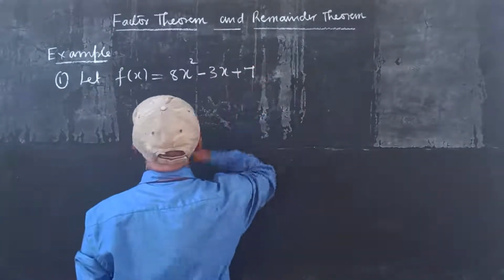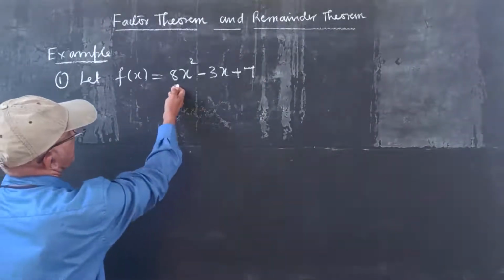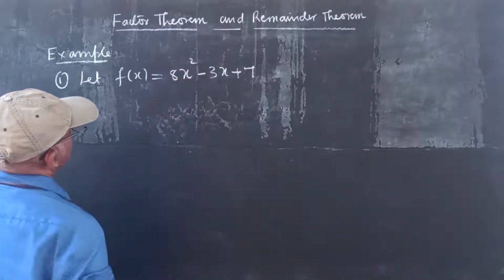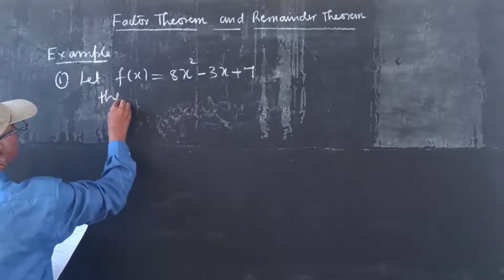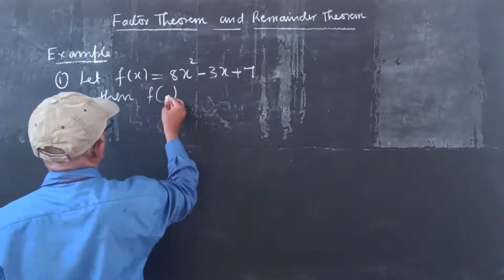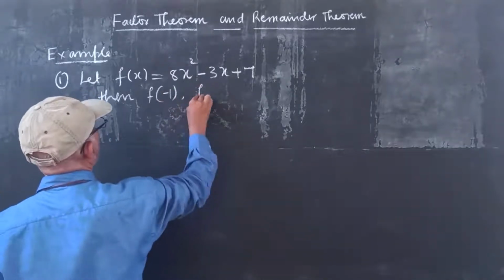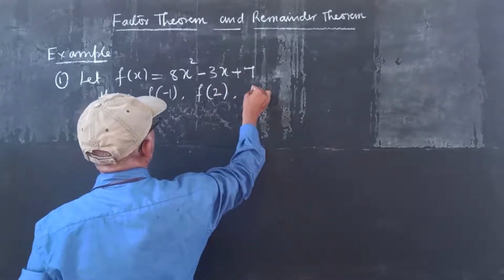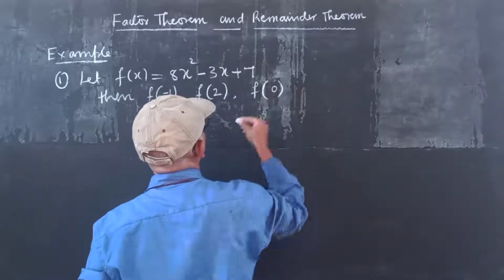All of you know it is a polynomial of degree 2 in variable x. Now, we shall find some values: the value of f at x is equal to minus 1, at x is equal to 2, and at x is equal to 0.